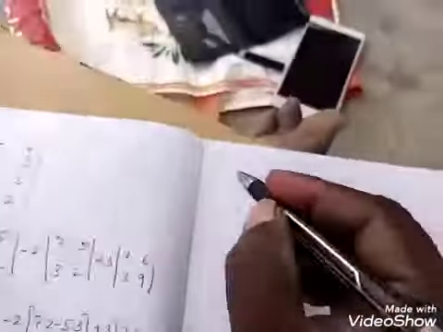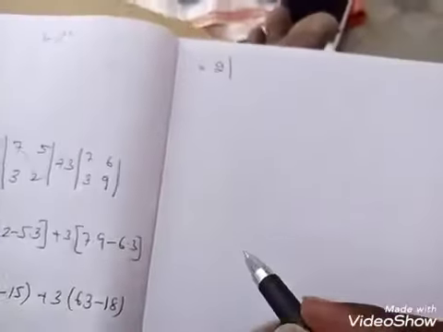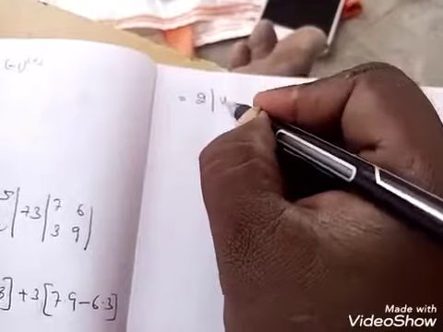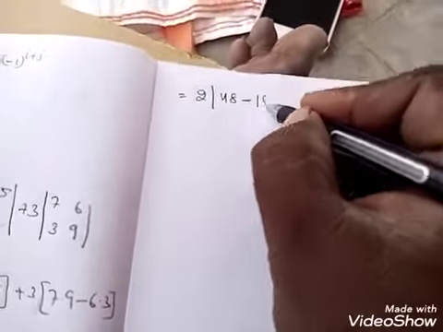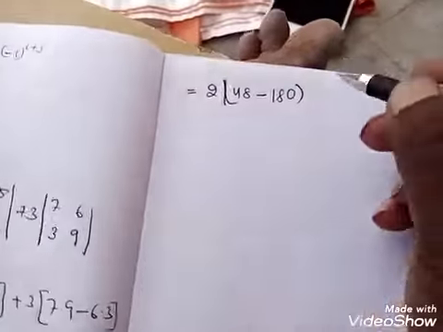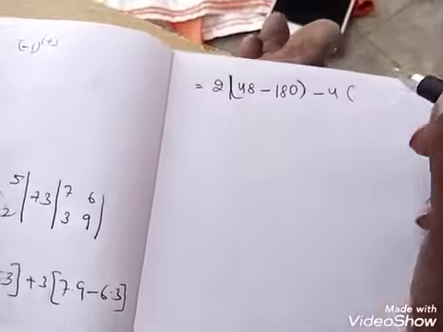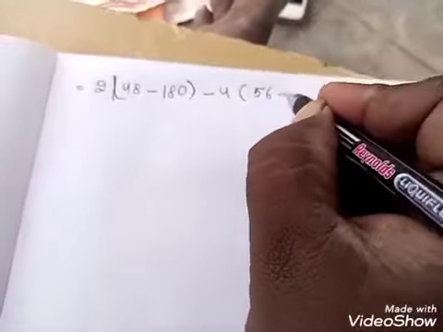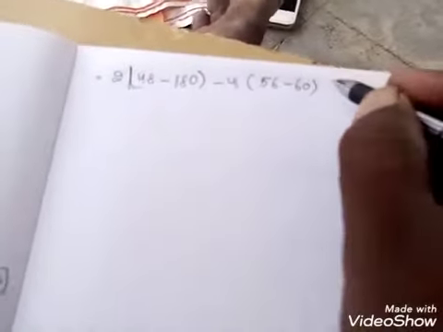That is equal to 2 into (12 fours are 48 minus 180), minus 4 into (14 fours are 56 minus 60), plus 6 into (14 into 18). 14 into 18 is 252.